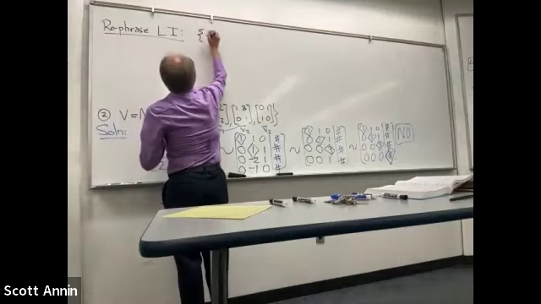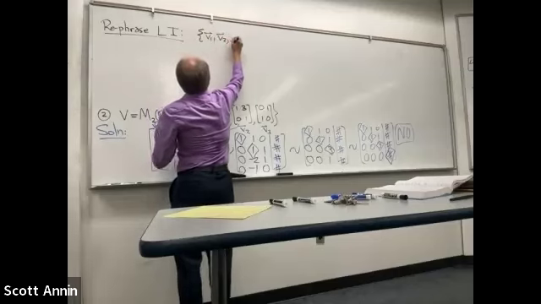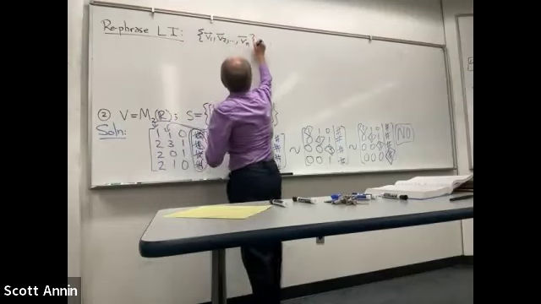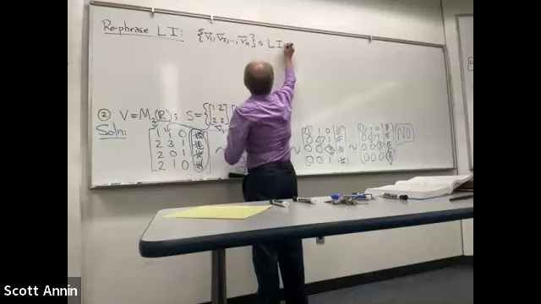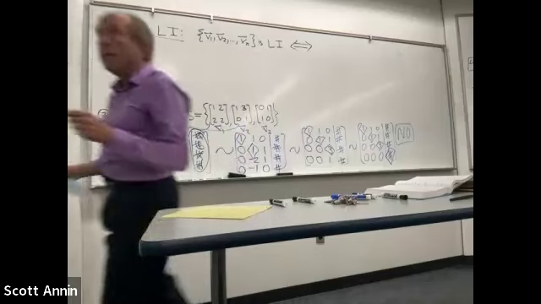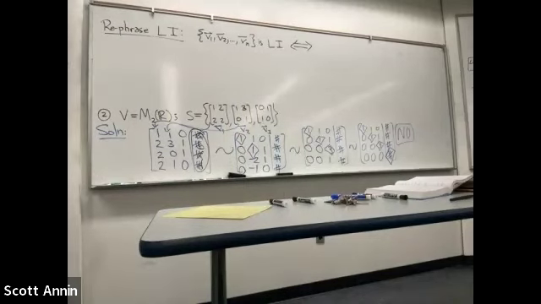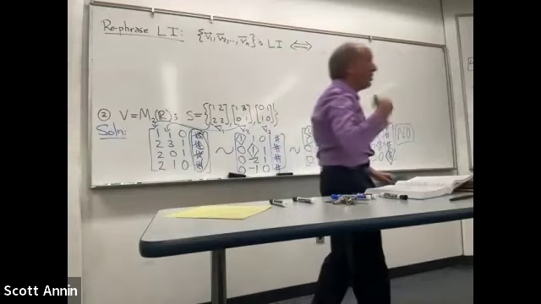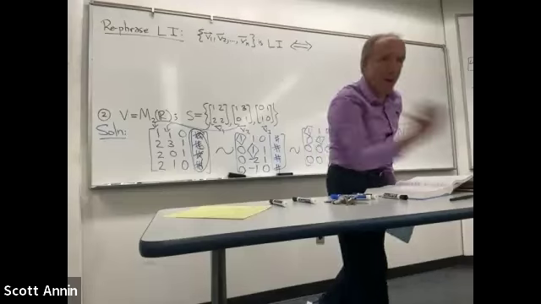Namely, the set V1, V2, dot, dot, dot, up to Vn is LI if and only if, and guys, it should be the opposite of this one, because remember, LI and LD are opposites. So what's the opposite of there exist constants not all 0 such that this is true? The opposite would be that there do not exist constants that are not all 0.